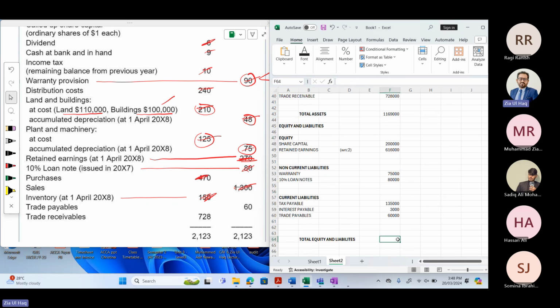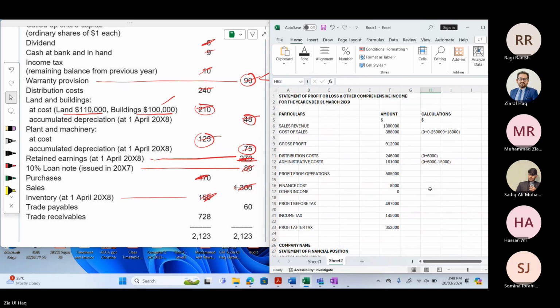And this total is equal to sum, bracket start, from here shift to the top, enter, and 1169, balance sheet tally.